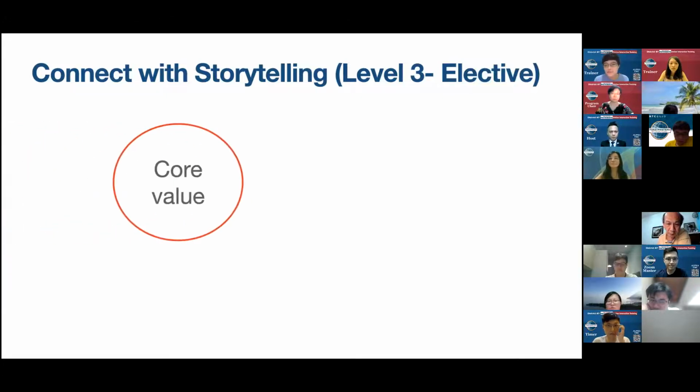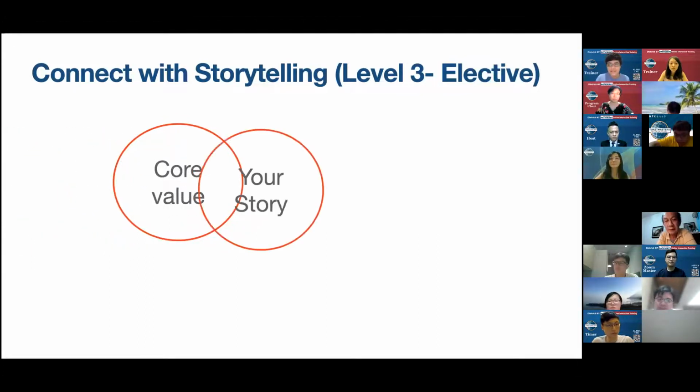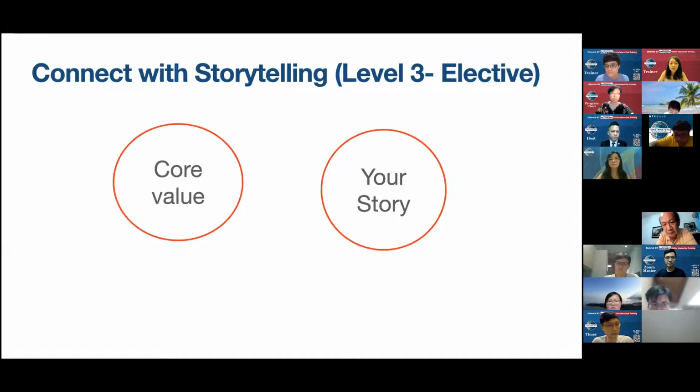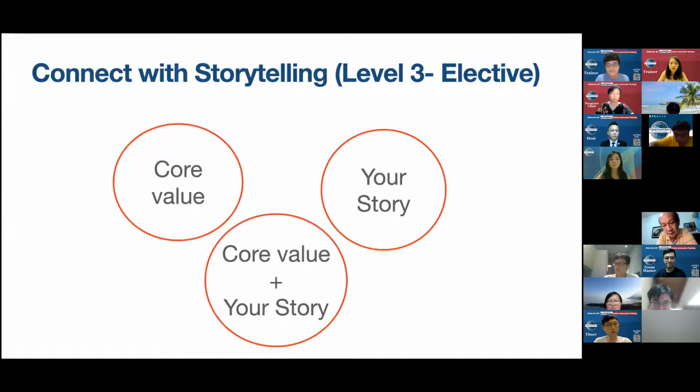First of all, you have a core value. And then you have your story. And then you combine the core value with your story. So basically, it's the paragraphs in your script. Oh, and I have to mention, in this Connect with Storytelling project, your story is not required to be your own.